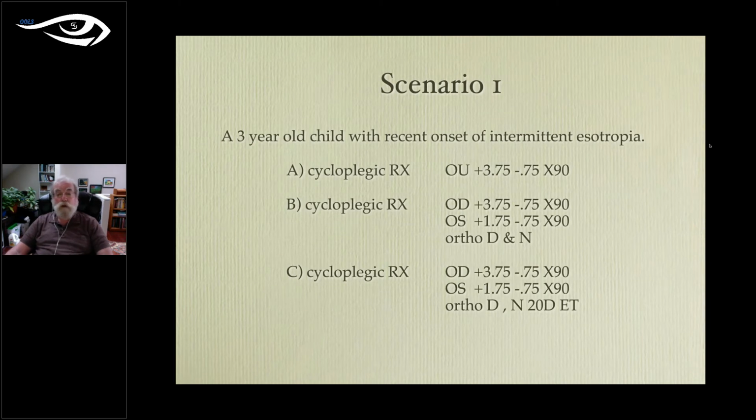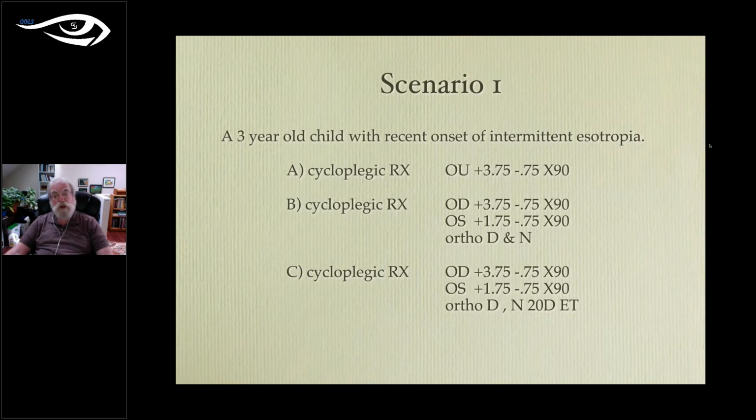Let's first talk about probably the most common type of amblyopia and strabismus that refractive error plays a major role in, and that is accommodative. So we have a 3-year-old child presenting with intermittent esotropia over just the last few days or few weeks.